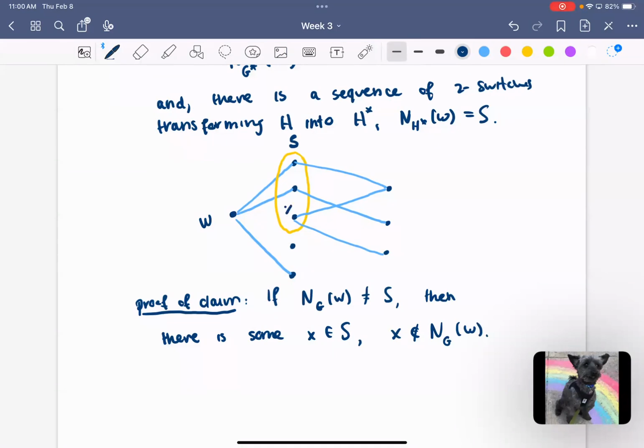In this case, this vertex would be X. And then there's also a Z that is in the neighborhood of W, but Z is not an element of S. In this picture, this is our Z.